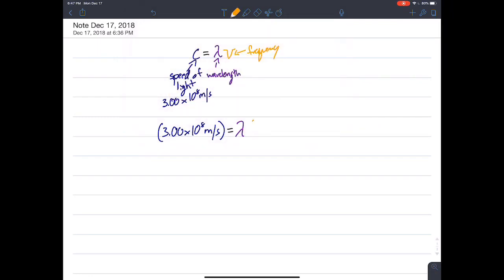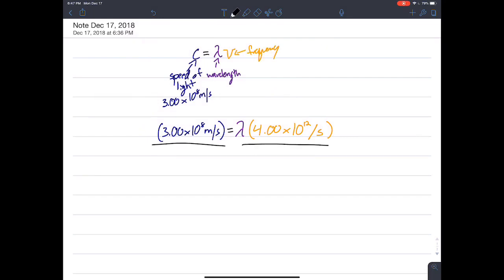And let's say you were given a frequency of 4.00 times 10 to the 12th hertz, which is the same as saying whatever per second. Okay, so you're asked to solve for wavelength. Well, all you do is divide both sides by your variable.